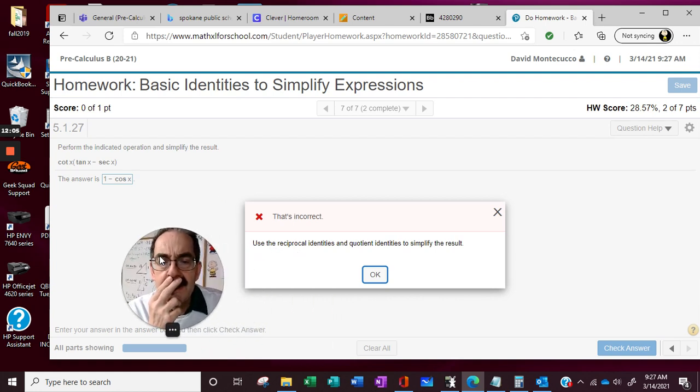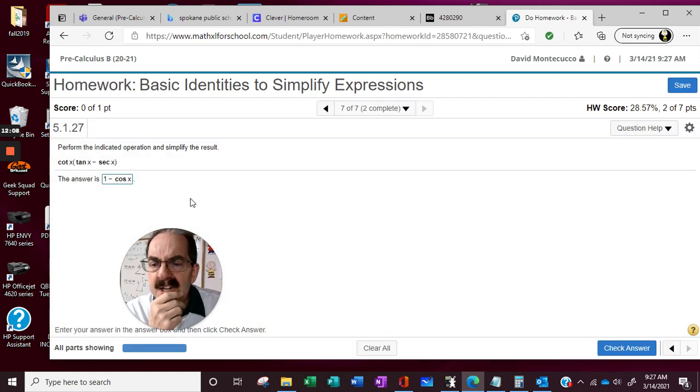These reciprocal identities. I should be writing this out, shouldn't I? I didn't open up my whiteboard. Cotangent times tangent is 1. Cosine over sine.